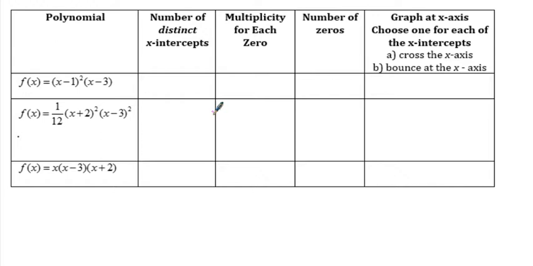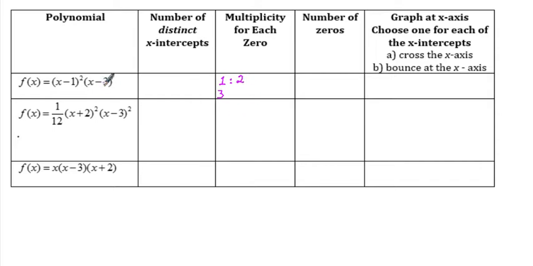Let's look at some examples. So for this here, let's talk about how these factors turn into zeros. This factor x minus 1 means we have a 0 of 1. This x minus 3 factor means I have a 0 of 3. The multiplicity of the 0 of 1 is 2.